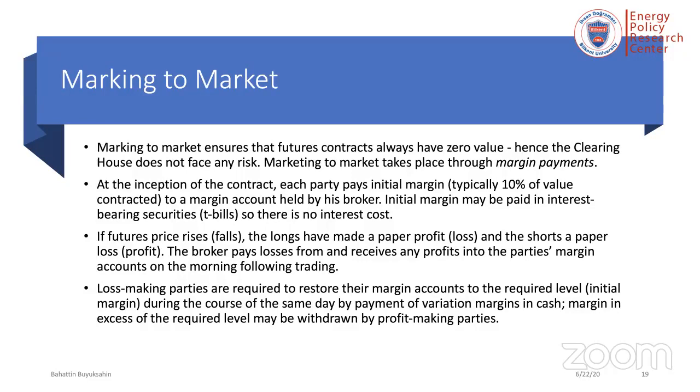For further maturity contracts the margin is still about 10%, but for the nearby, first, second and third contracts the margin is really, really high, so that in case of big price movements, the clearinghouse can avoid any kind of counterparty risk.